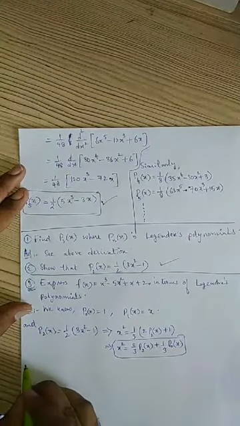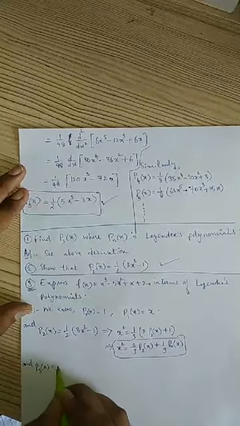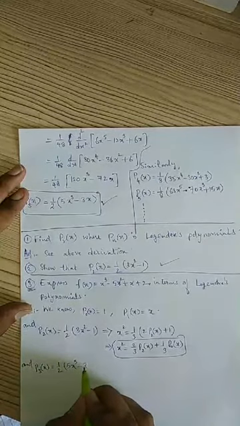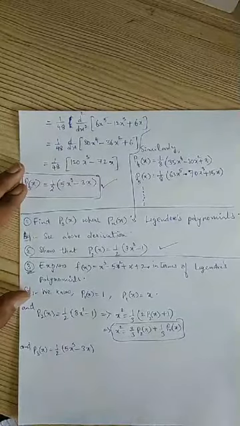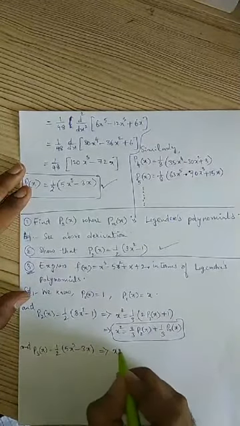Similarly, we also know that P3 of x is given by 1 by 2 into 5x cube minus 3x, right? 5x cube minus 3x. This implies, what is x cube?